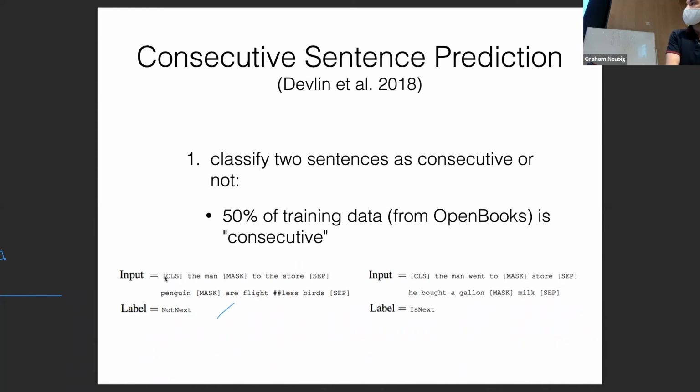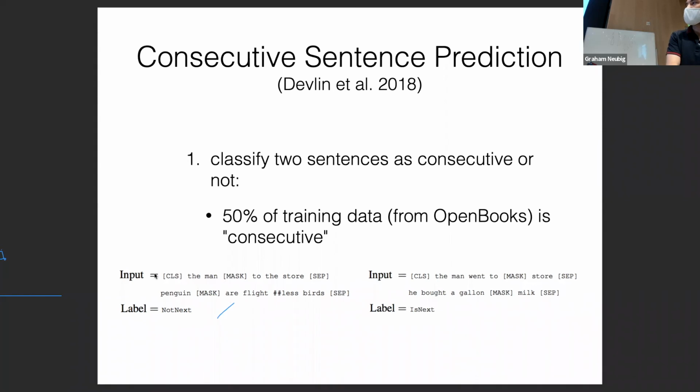In this case, we have a classification token, and we have "the man [mask] to the store", and then we have "penguin [mask] are flightless birds". And then we have "the man went to the store", "[mask] to the store", and "he bought a gallon [mask] milk". In this particular case, the answer is that these are consecutive, and here the answer is that these are not consecutive.